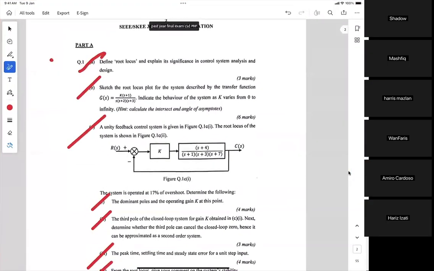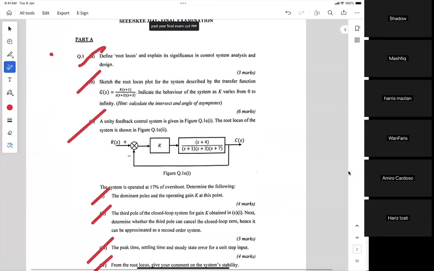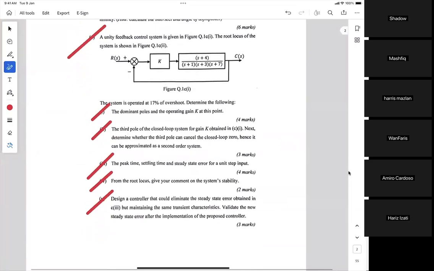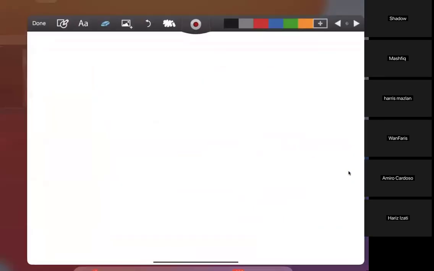And then we finish part A, part B, now part C. Now you are given 17% overshoot. Okay, so we have to use the graph.